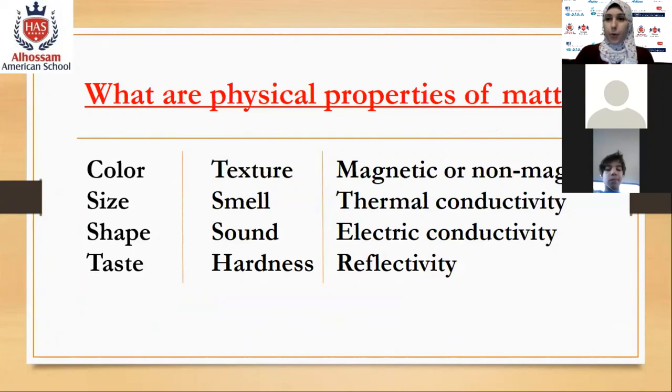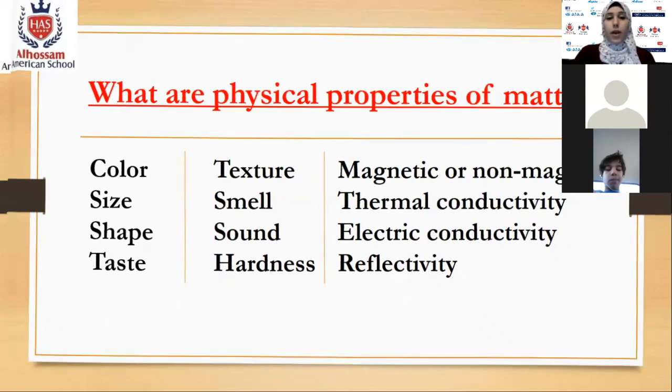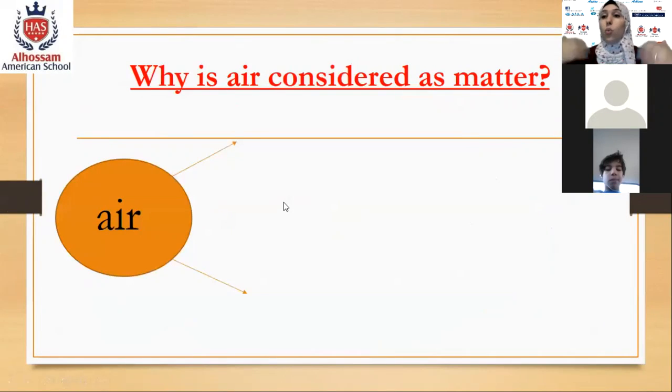We said that the physical properties are characteristics of matter that can be described without changing the kind of matter itself, just like the color, the size, the shape, the taste, texture, smell, sound, hardness, if it's magnetic or non-magnetic, if it's a thermal conductor or insulator, electric conductor or insulator, and reflectivity. We talked about all of these.